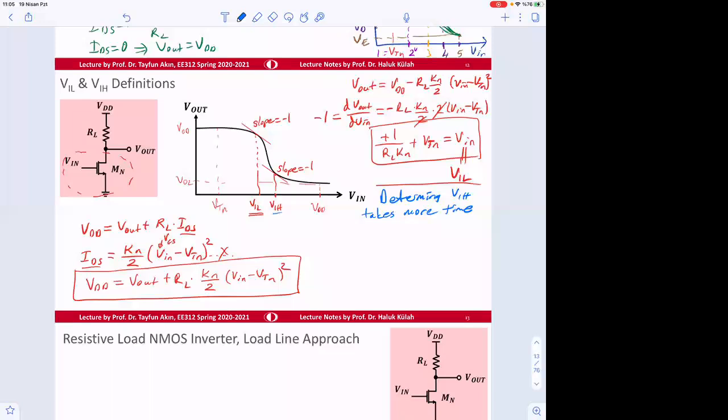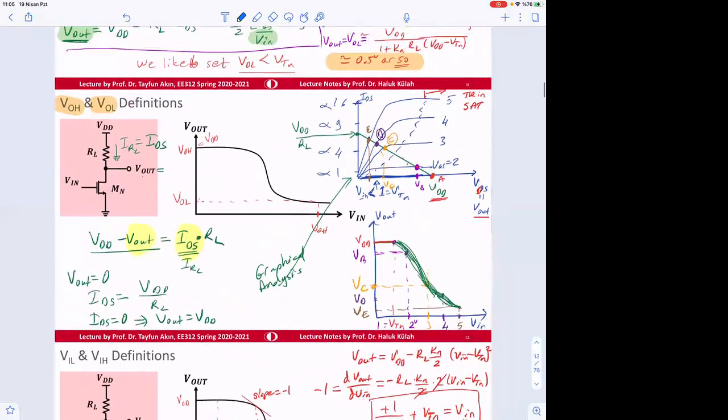Because here for this value, output is low as MN is in linear mode. Notice that when output goes low, in this region, MN is in linear mode.